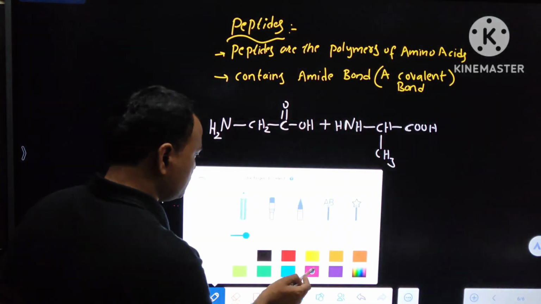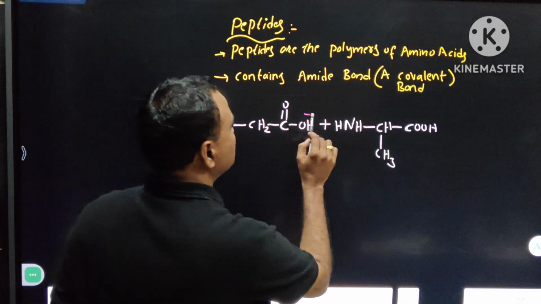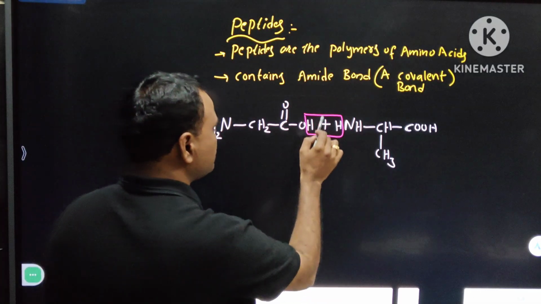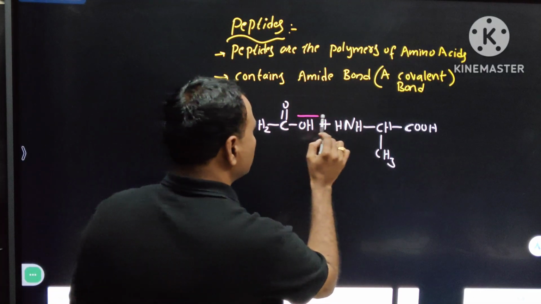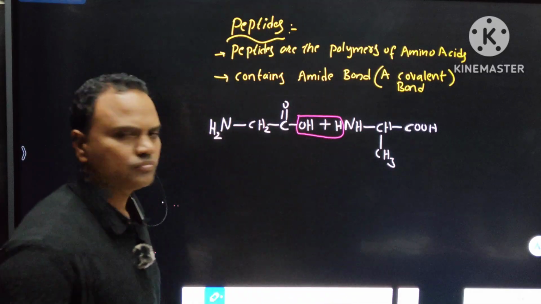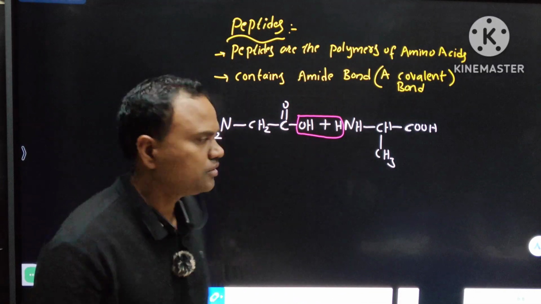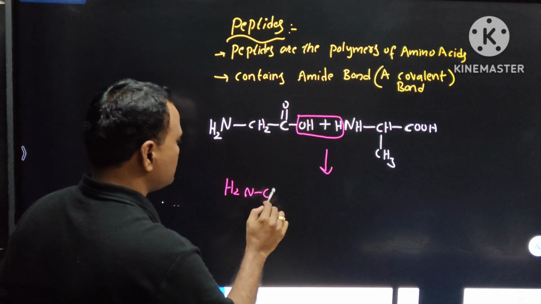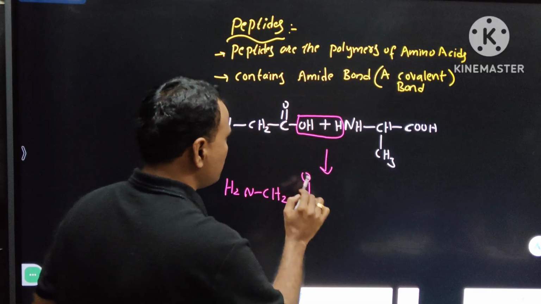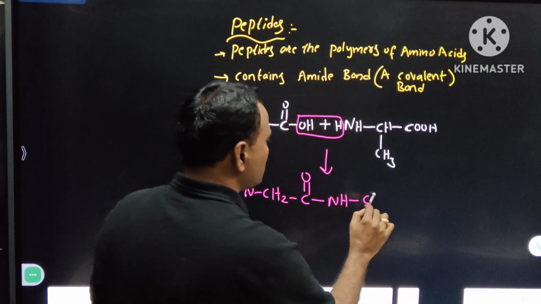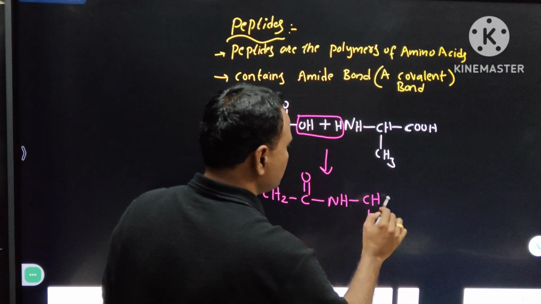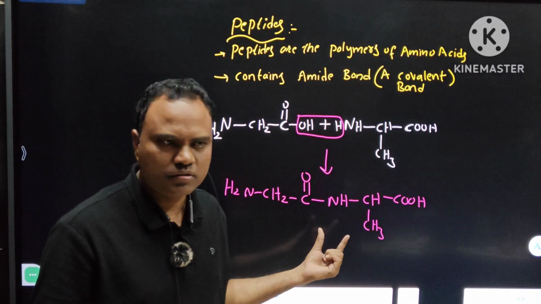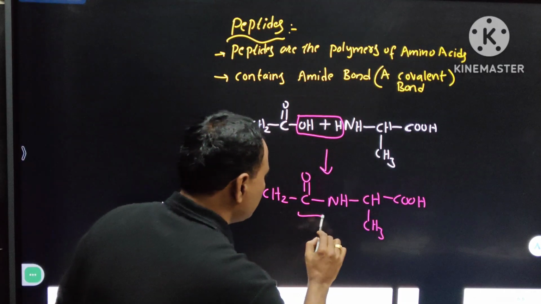They lose a water molecule. Right, remaining structure H2N CH2 C double bond O NHCH. This amide link is nothing but peptide bond.